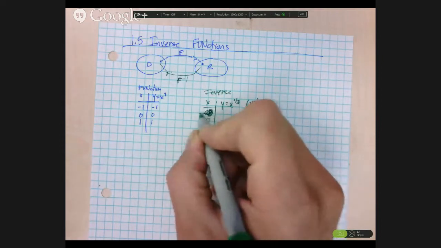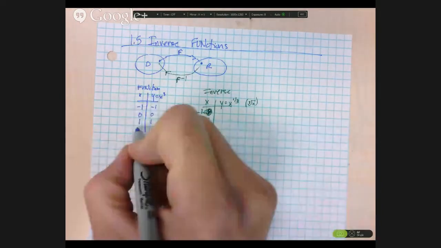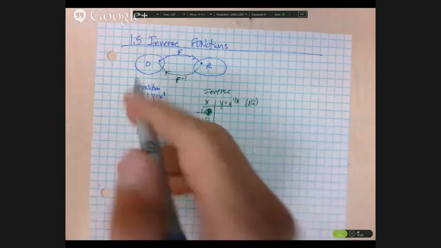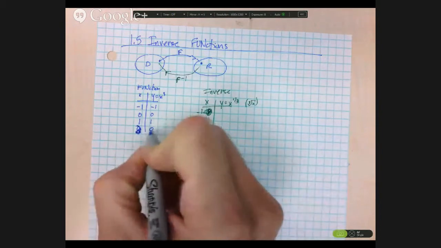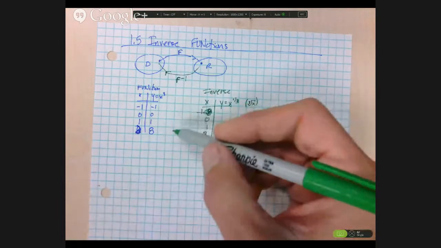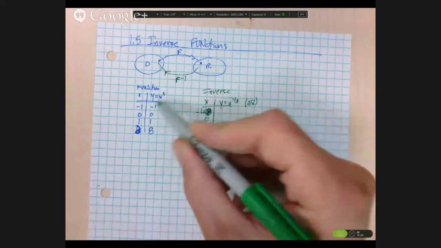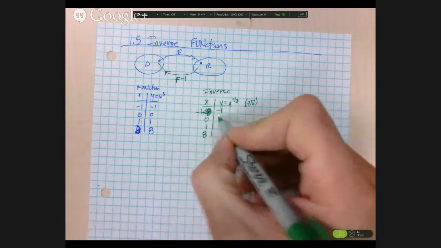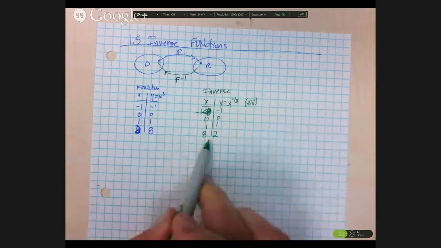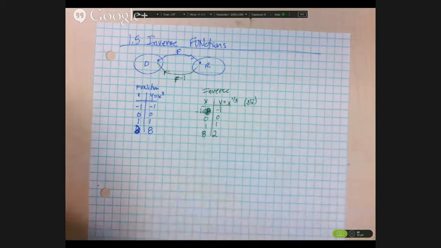Let me rewrite that: -1, 0, 1, 2, all the way up to 8, because 2 cubed is 8. Now these y values become our x values. So you have f going from 2 to 8, and f inverse from 8 to 2.